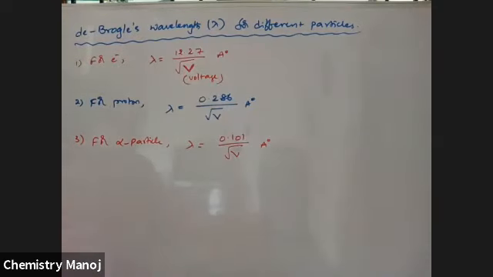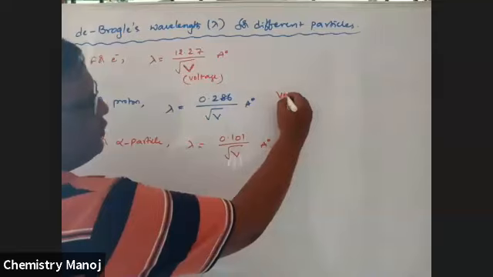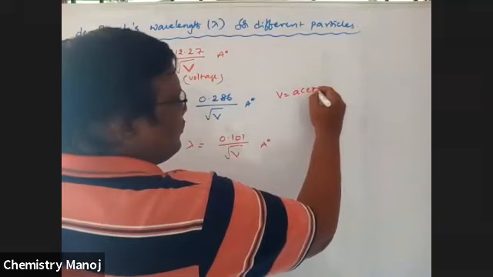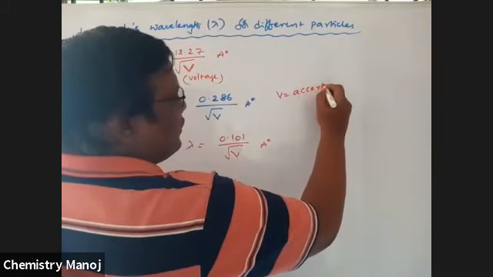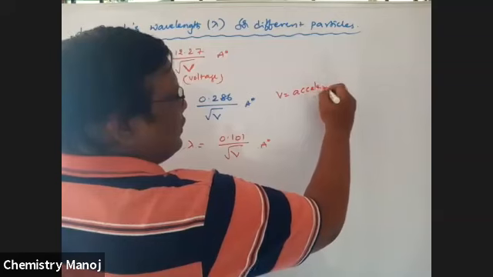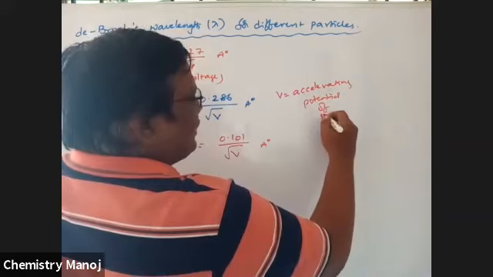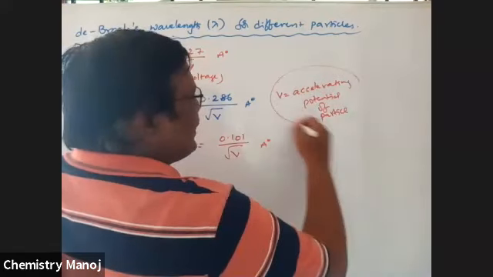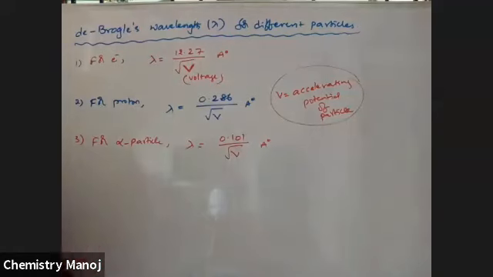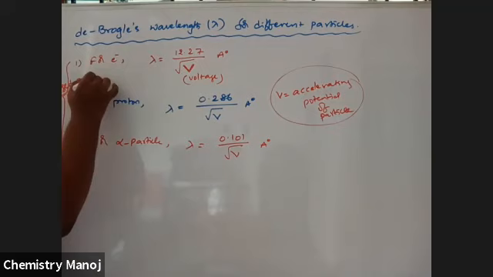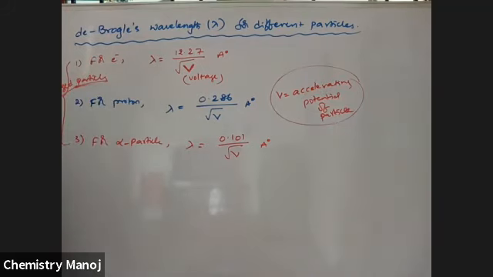In all these cases, V is the accelerating potential of the particle, in volts. All these are charged species, charged particles.